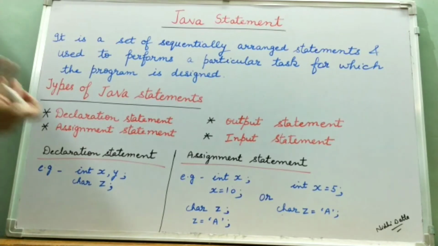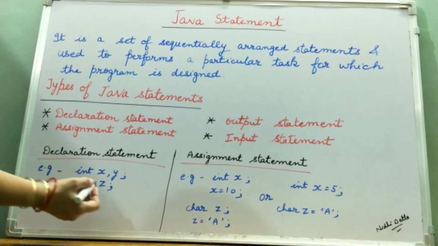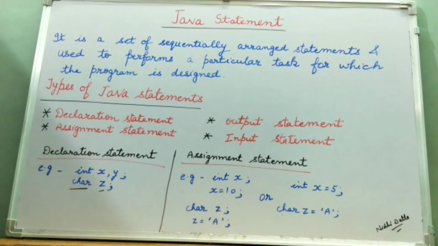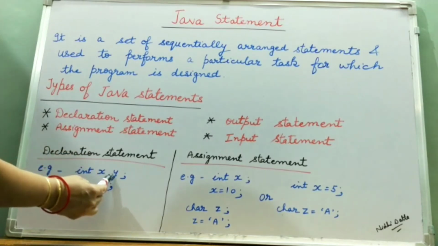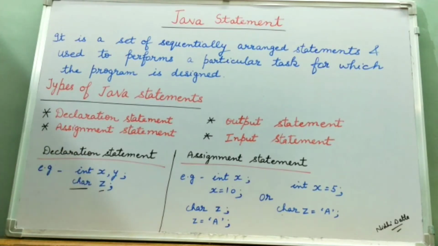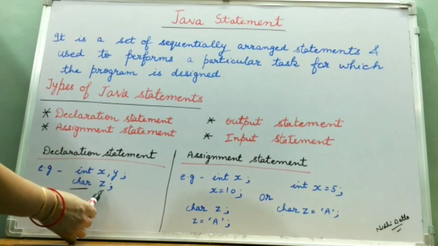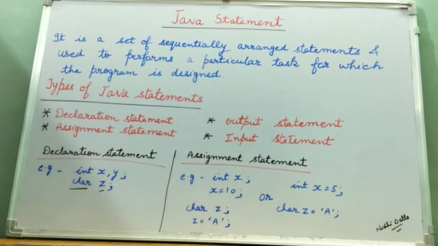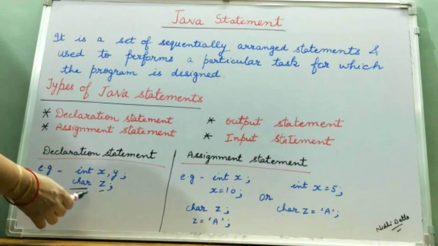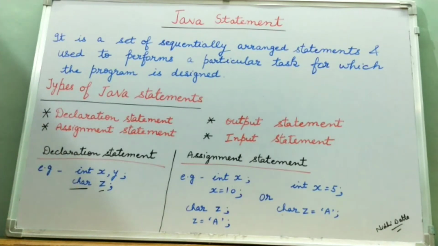And char z: z is a variable and the data type is char. This is a declaration of the variables. We are declaring x and y as integer type for storing number values, and z is a variable with data type char.